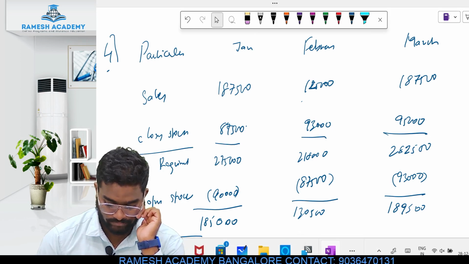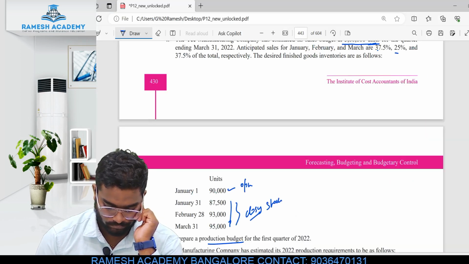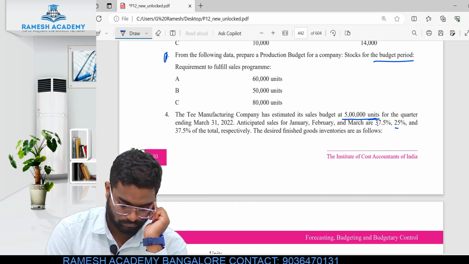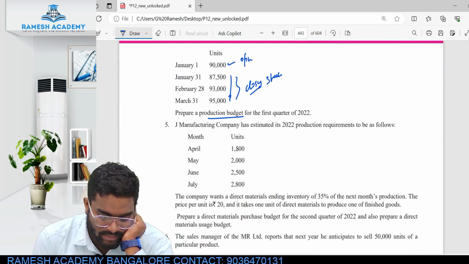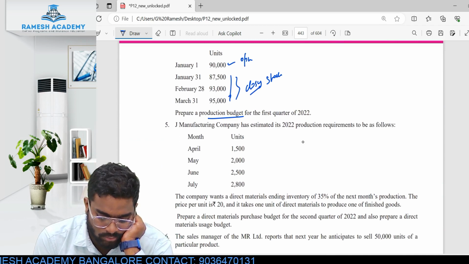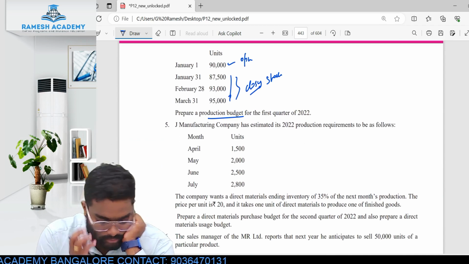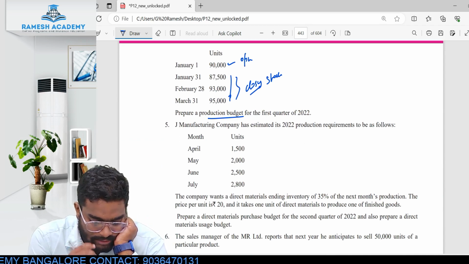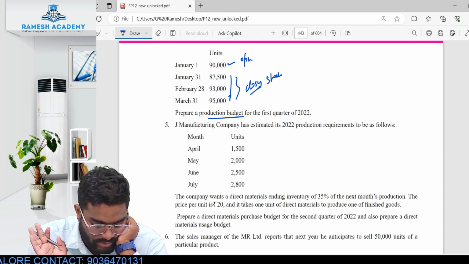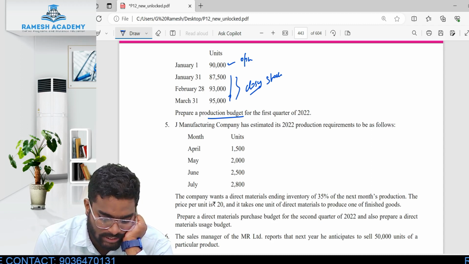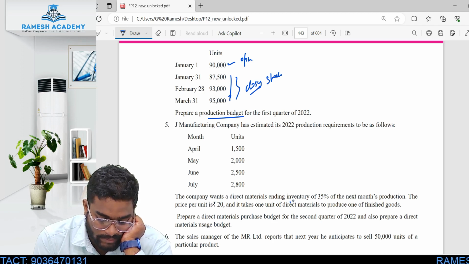Now we'll see the 5th question. J Manufacturing Company has estimated 2022 production requirements. Okay, so they're telling that production requirement is this much, April, May, June. The company wants direct materials ending inventory at 35% of next month production.